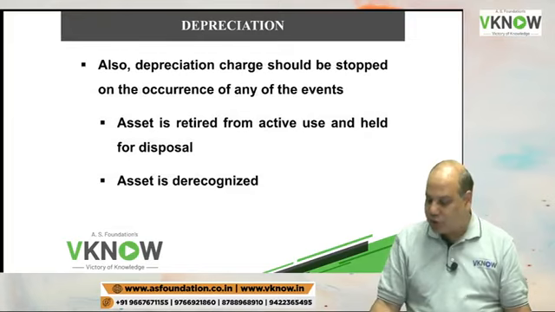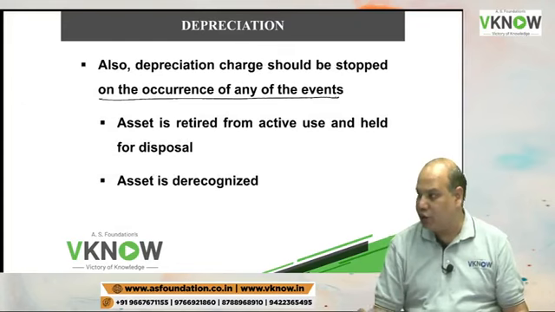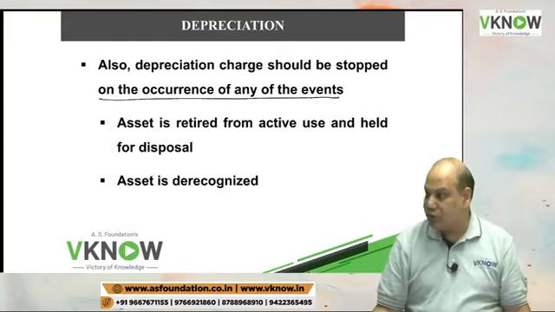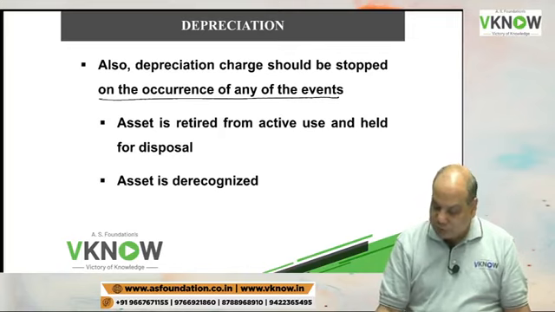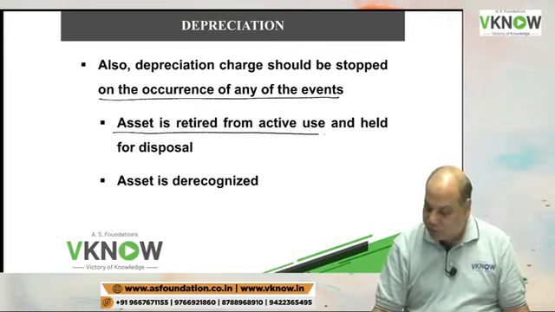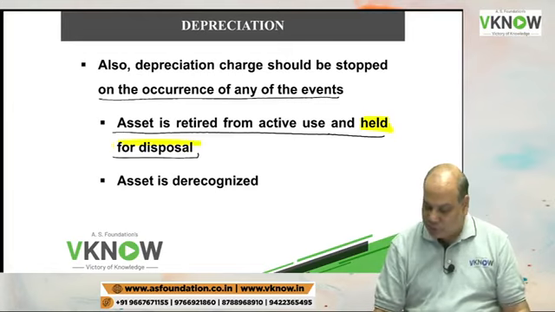Next point. Also, depreciation charge should be stopped on the occurrence of any of the two events. First is asset is retired from active use and held for disposal. Underline held for disposal. Held for disposal means I have decided to sell it.